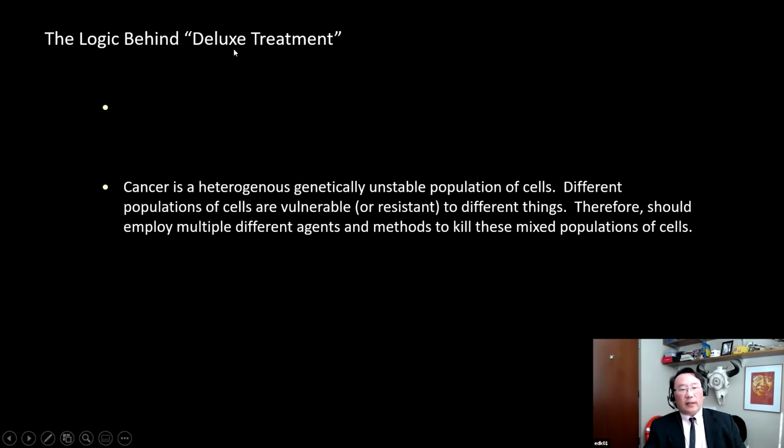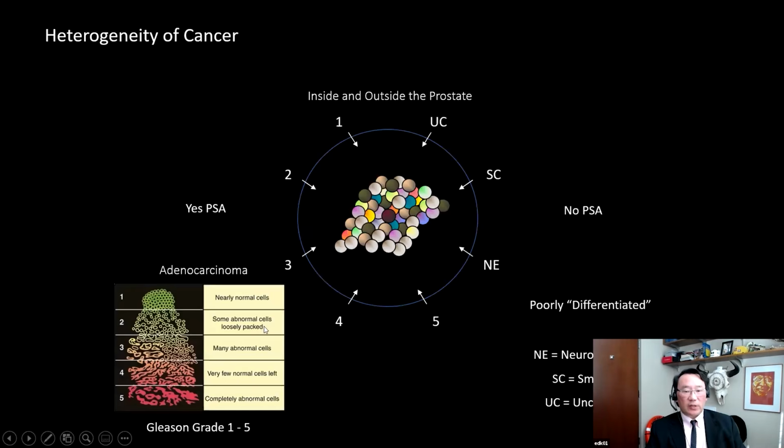Another reason that I think deluxe treatment makes sense is cancer is not one cell. It's a whole bunch of genetically unstable cancer cells, all right? And my feeling is if you're dealing with a heterogeneous population of cells, you need a heterogeneous population of treatments to kill those cells. These are mixed populations of cells.